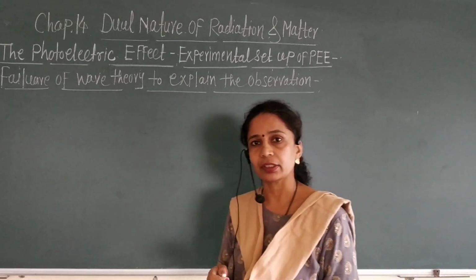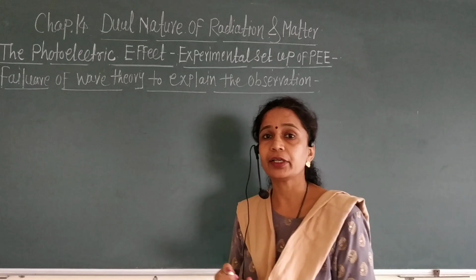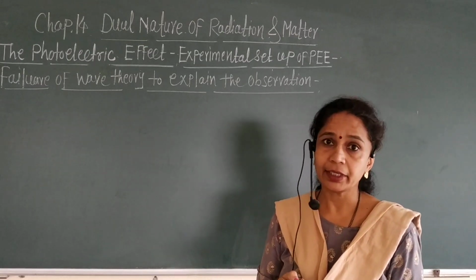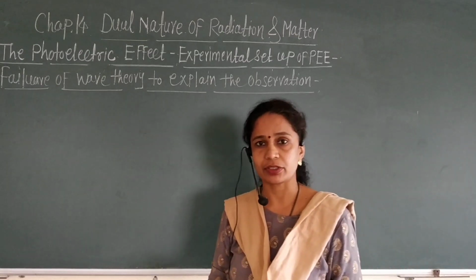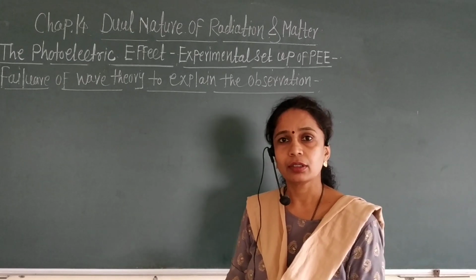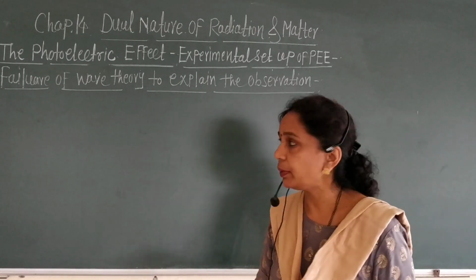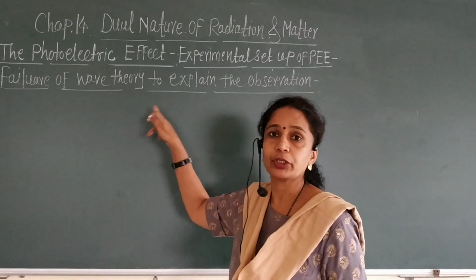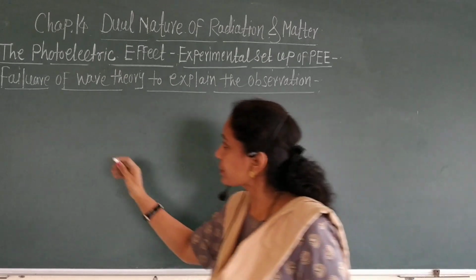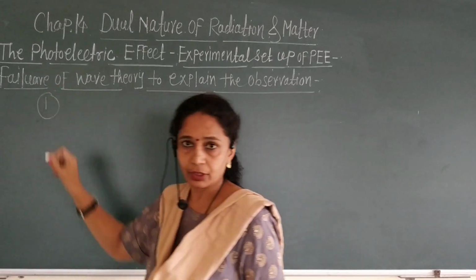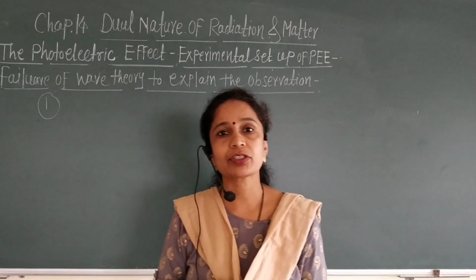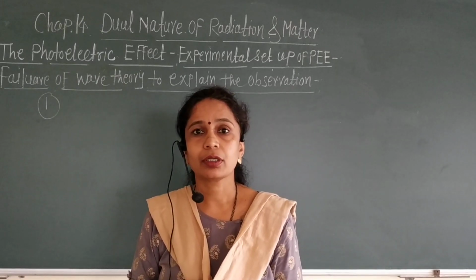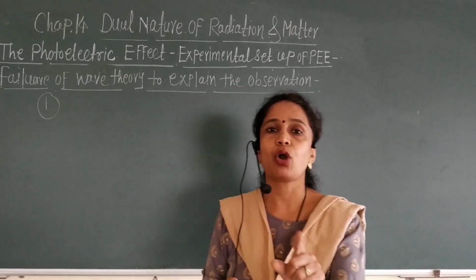We have just seen the observations related to the photoelectric effect, and those observations could not be satisfactorily explained by the wave theory of light. The foremost observation was instant emission of electron.